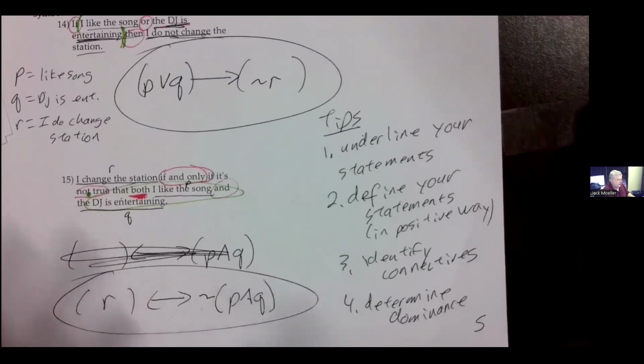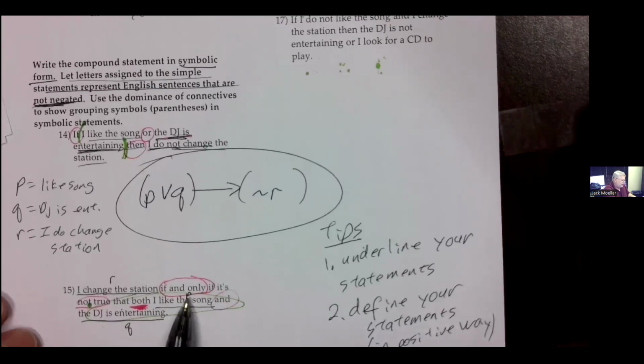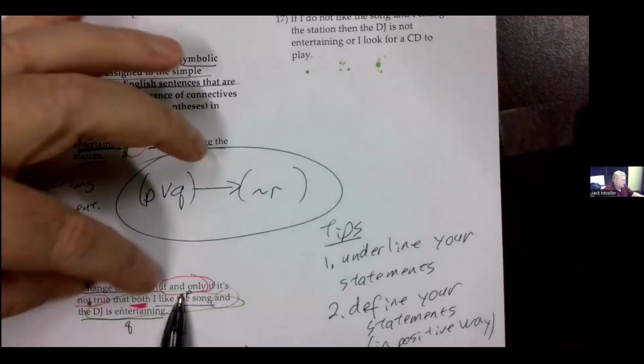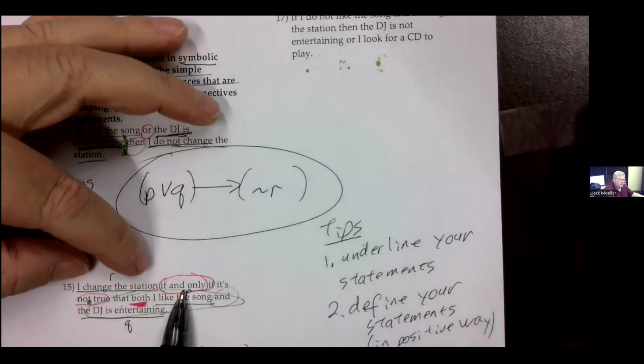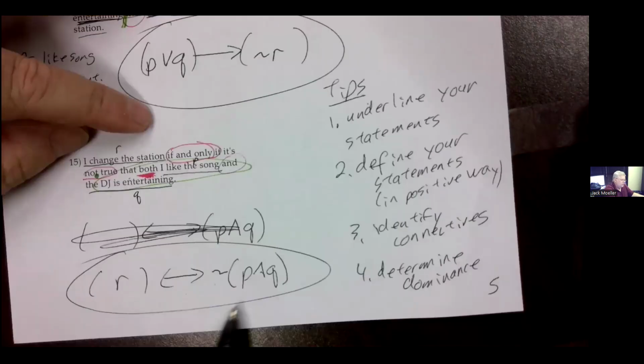So everything on each side is like its own little step. And again, once you identify the main one, that main one is going to be what divides your sentence into parts. So since that was the main connective, everything before that connective is the left side of my symbols. Everything after the connective is the right side.